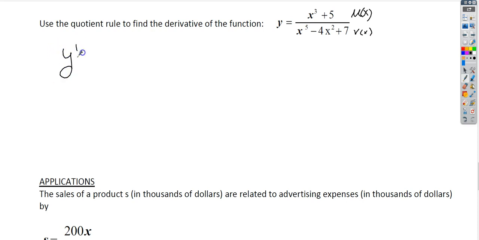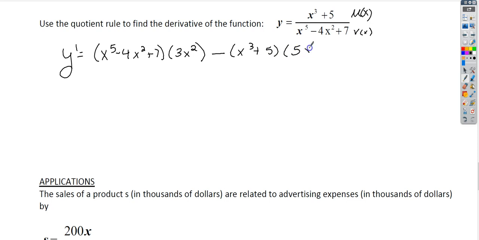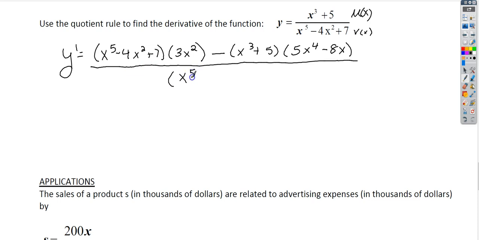So y prime is the bottom times the derivative of the top minus the top times the derivative of the bottom over the bottom squared.